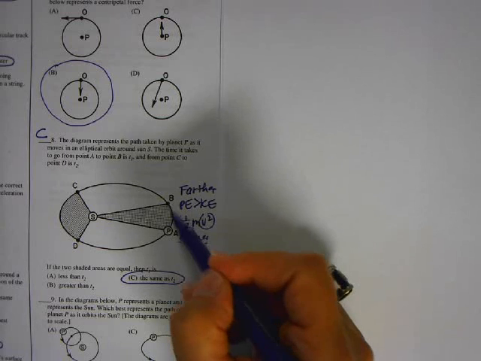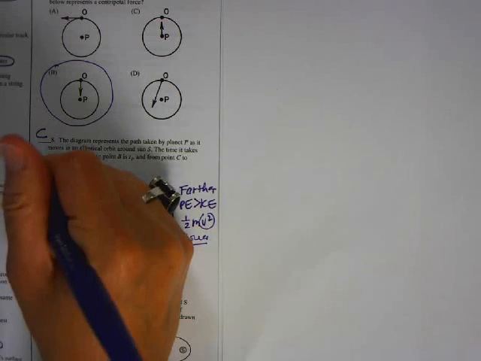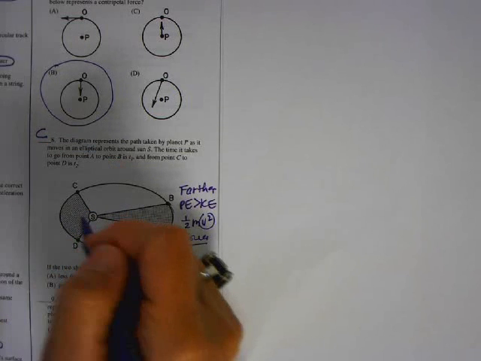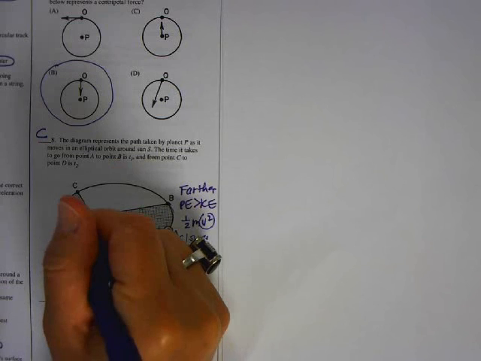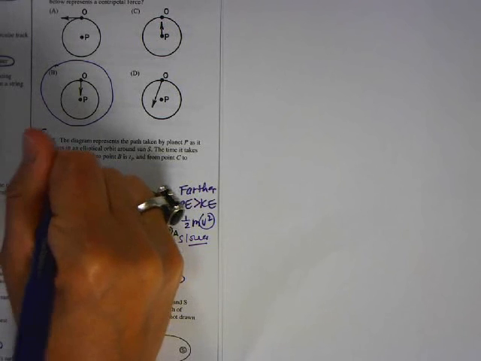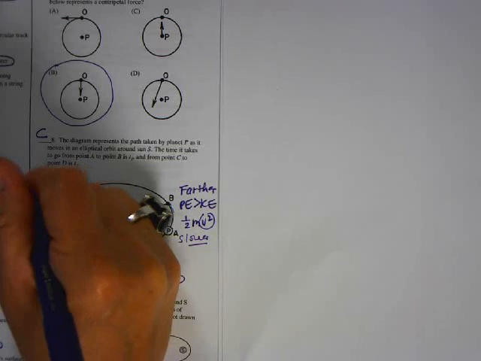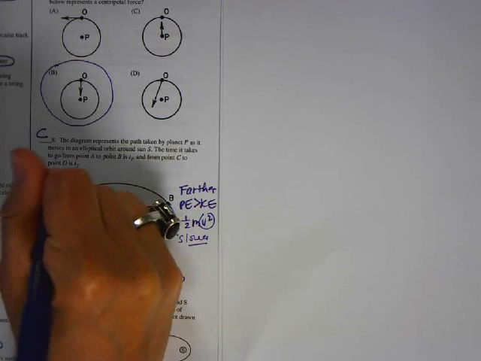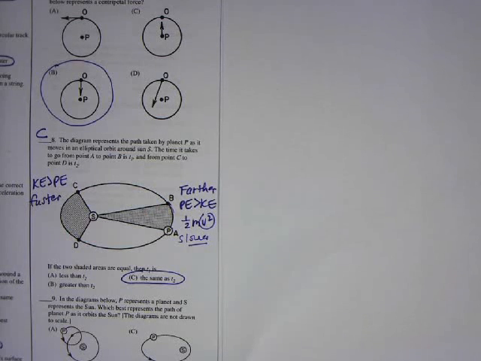On the other side here, over here, it's closer to the sun. So because it's closer, the kinetic energy is greater than the potential energy. And again, kinetic energy is 1/2 mv squared, so it's going to be going faster. So it's going to go from here to here in the same amount of time. Okay? So this explains the equal area law.